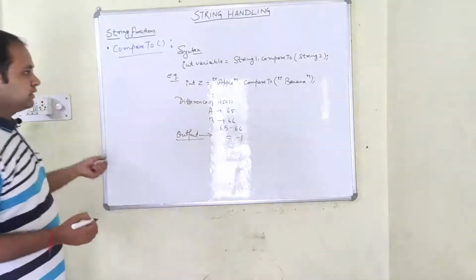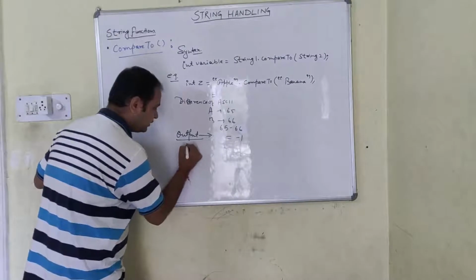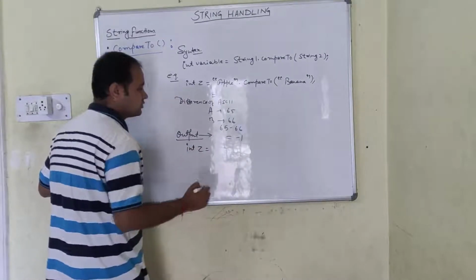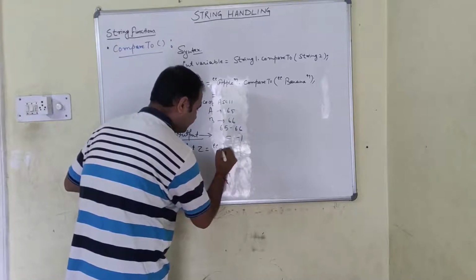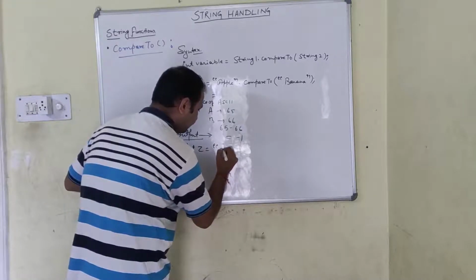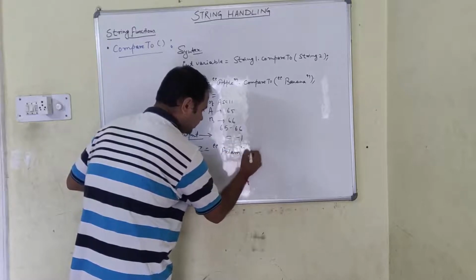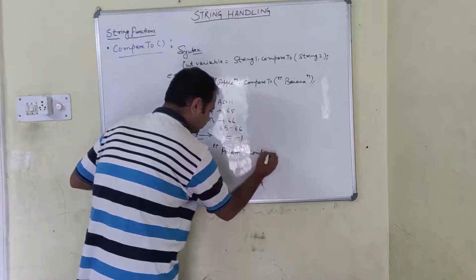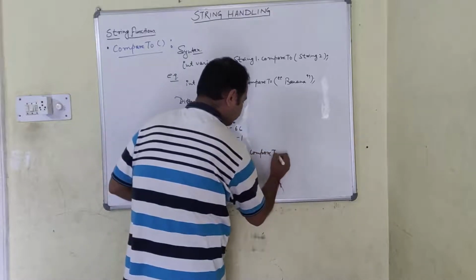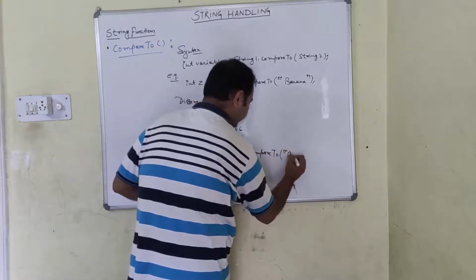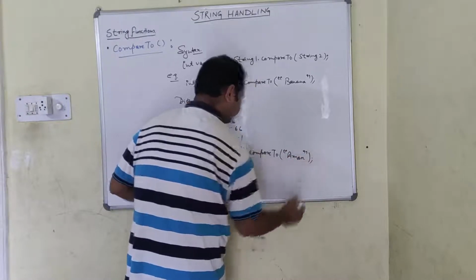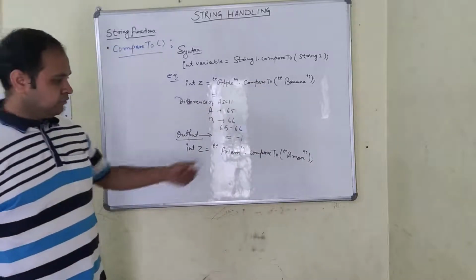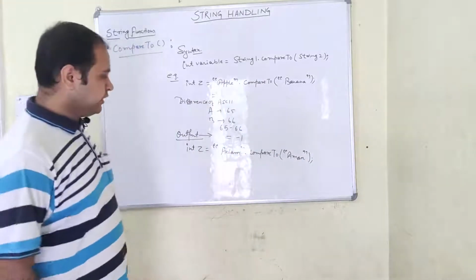Now another example: int z equals Adam.compareTo(Aman). See, the first letter of both strings is the same, so where is it finding the difference?